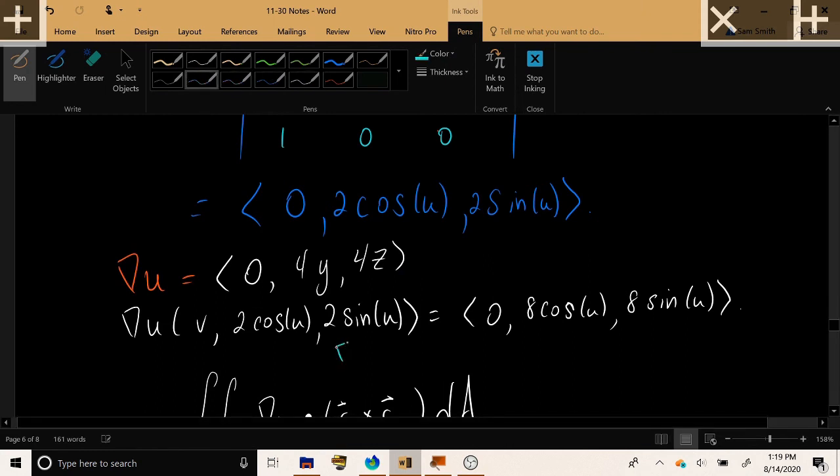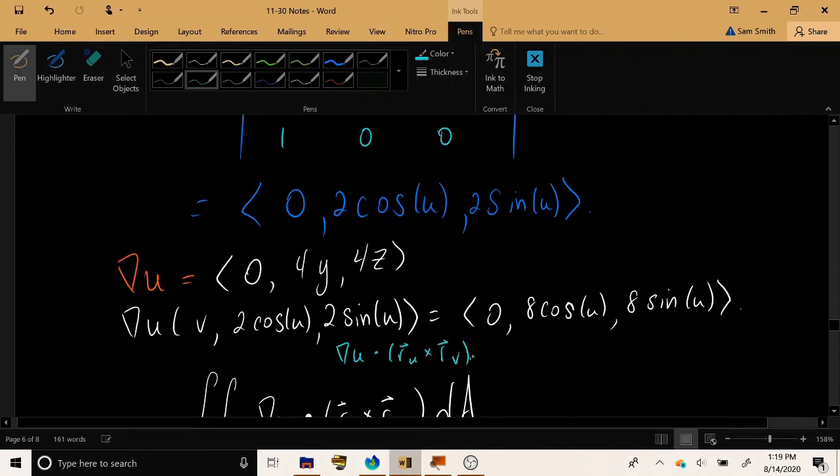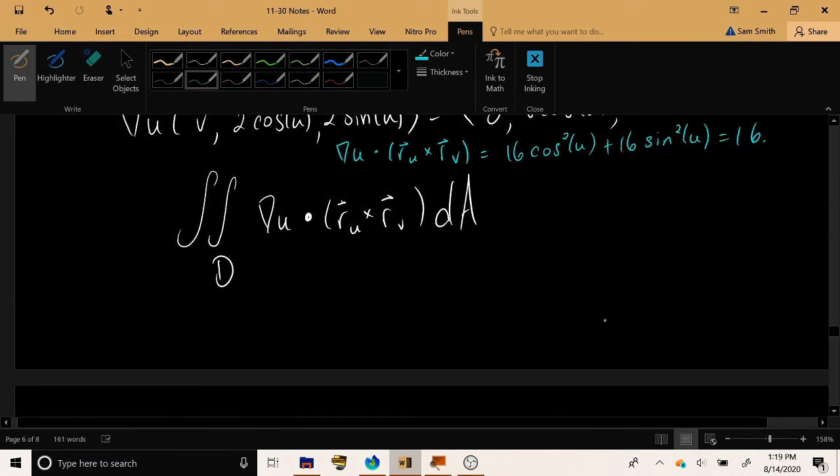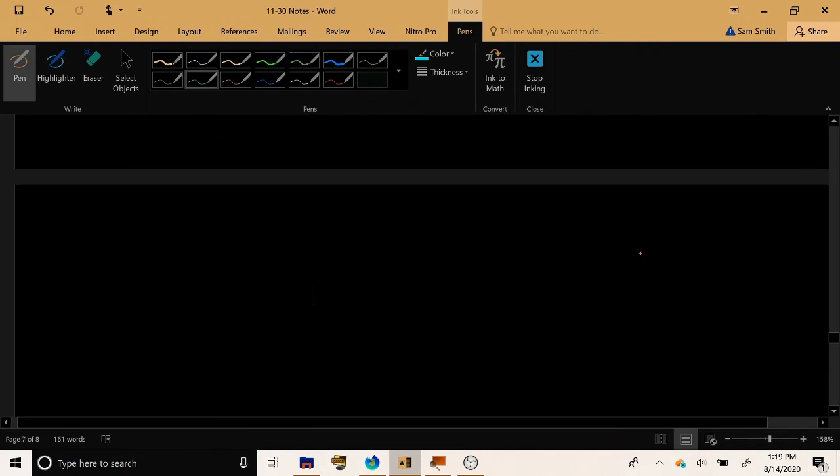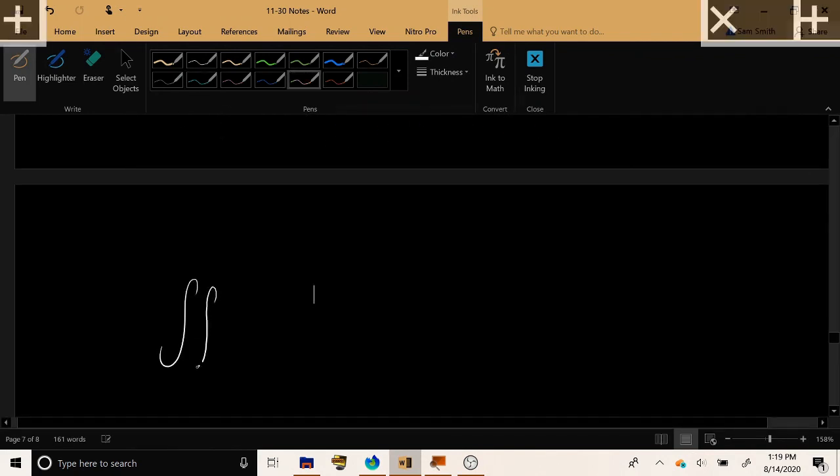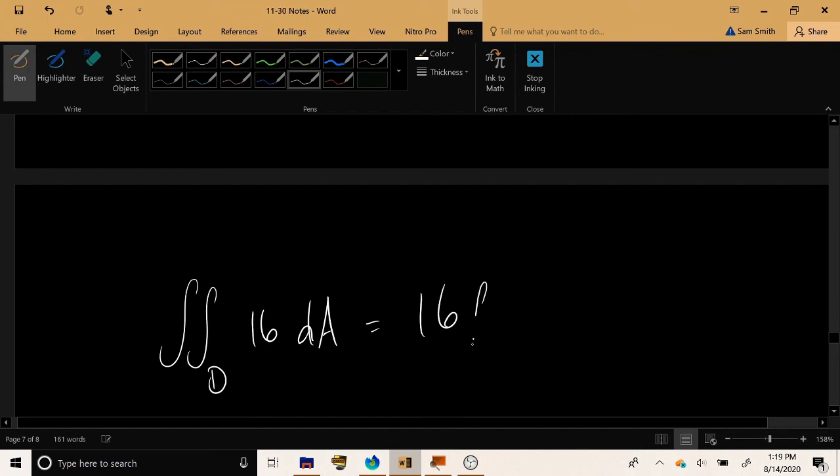And so the dot product of the gradient of u with the cross product of the partial derivatives is going to be equal to 16 cos squared plus 16 sine squared, which is the constant value of 16. And therefore, what we are really integrating over the region D is just the constant number 16, which, as before, we can pull outside of the double integral, leaving us just the double integral of 1 over the region D.